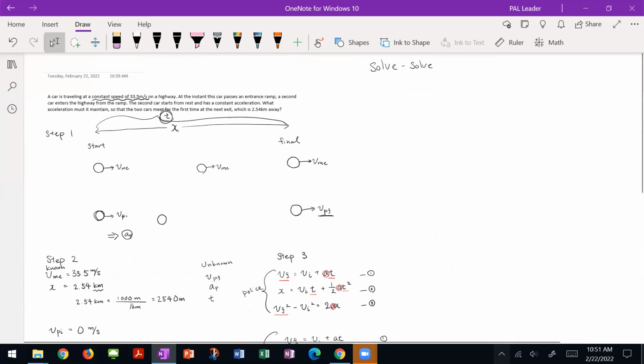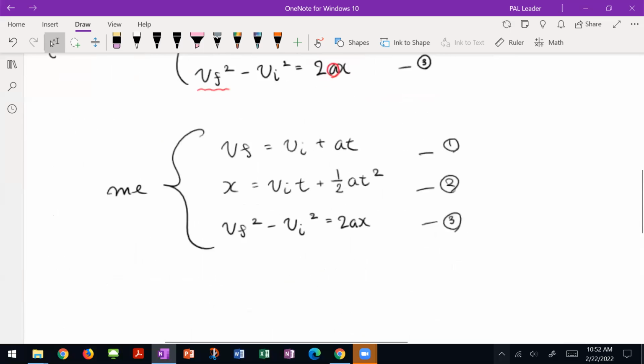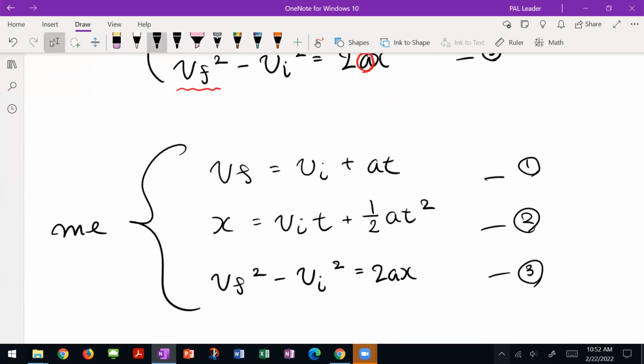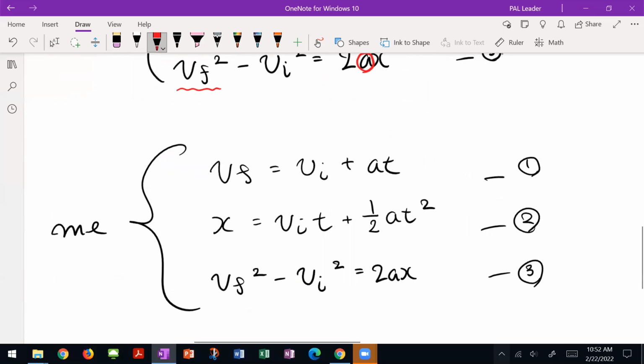how long it took for us to go from start to finish. So that's what I'm going to try to look for in our kinematics, some way to find time. So we want to find time, which means I'm not even going to look at number 3, right?